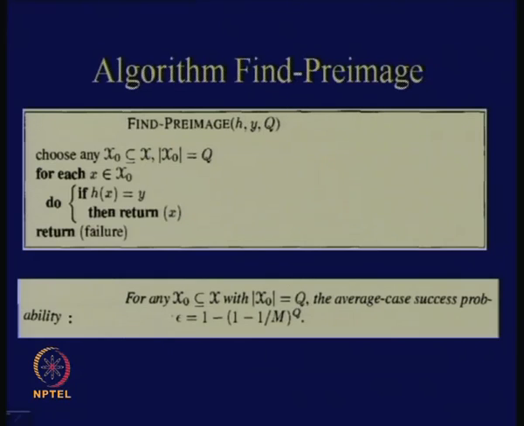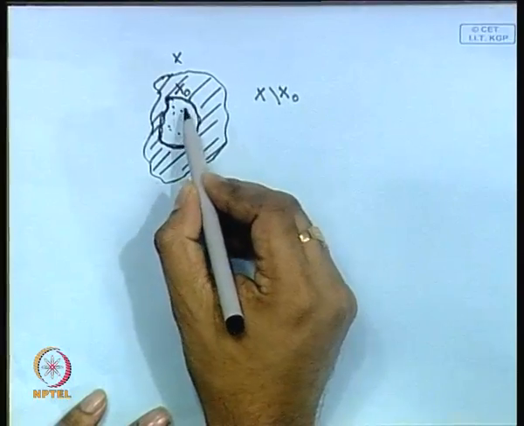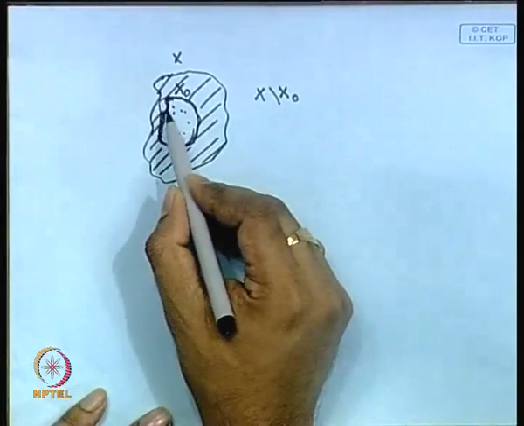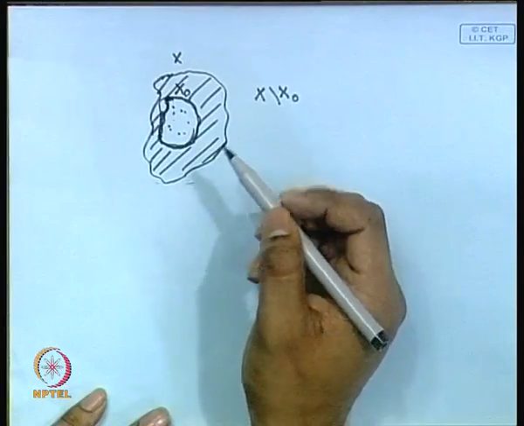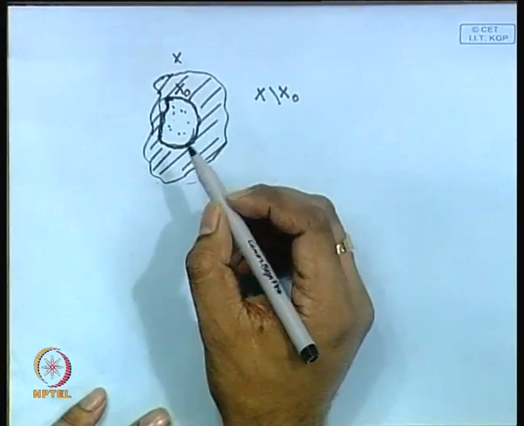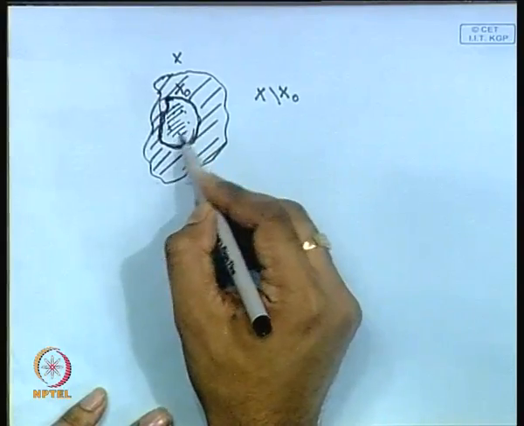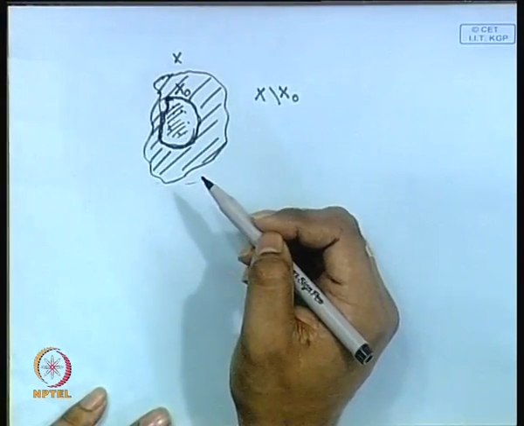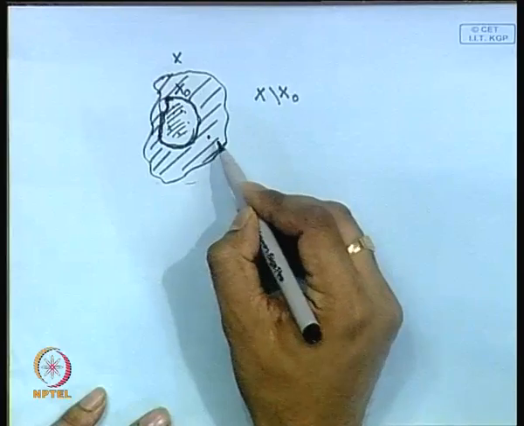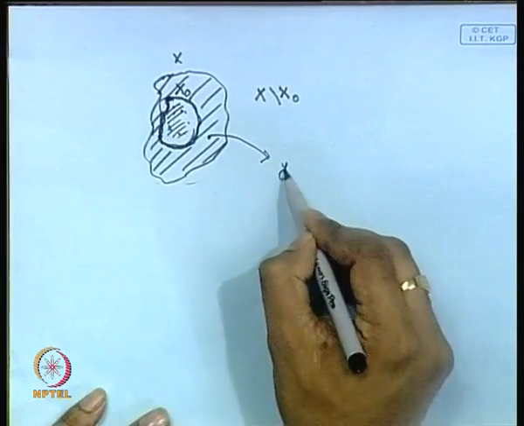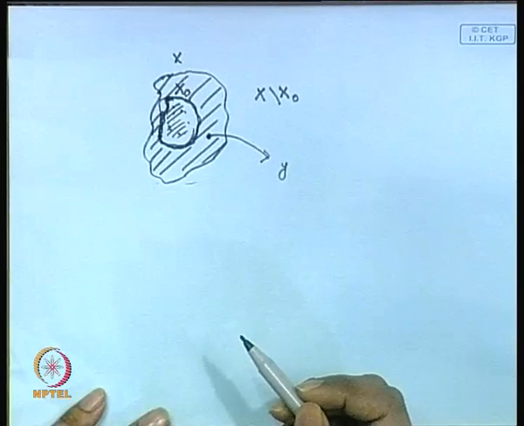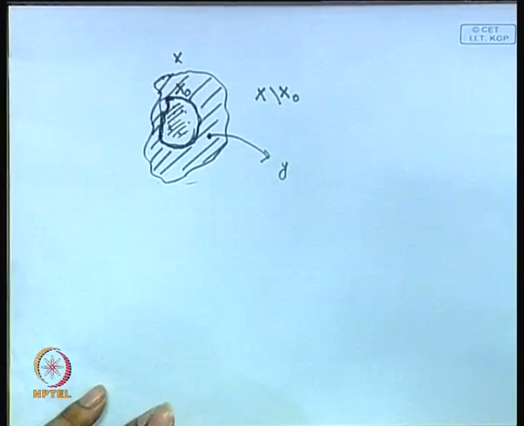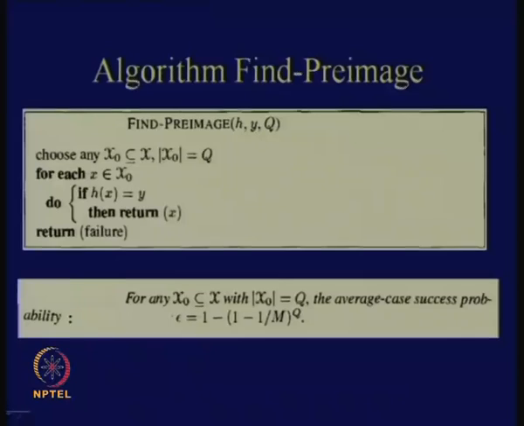Coming back to this diagram, this is your x naught. Suppose there are q number of values in this x naught. You know all the hash values here. Based upon this knowledge, suppose this has been hashed to y, what is the corresponding value here? Consider a very simple algorithm.